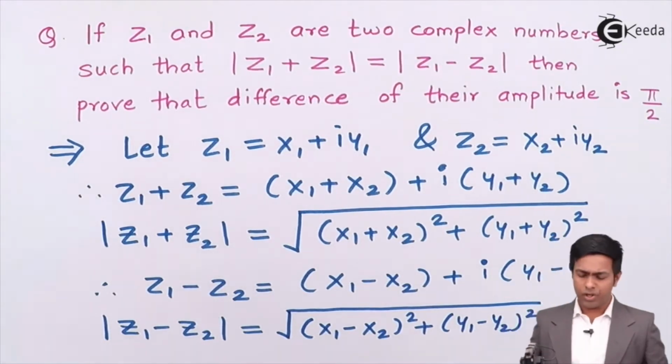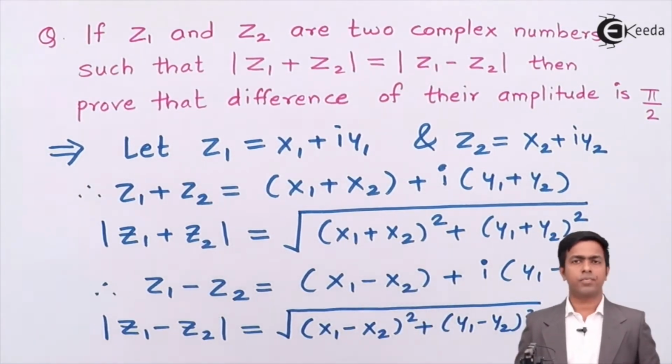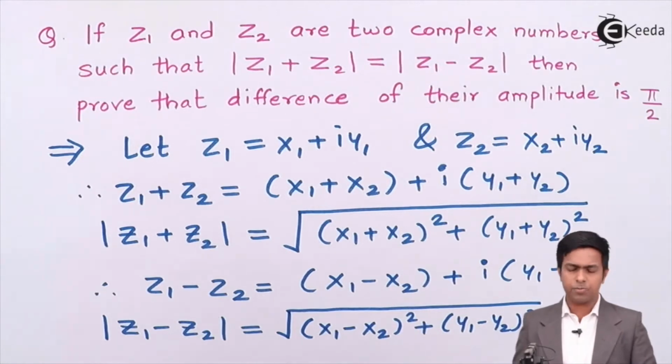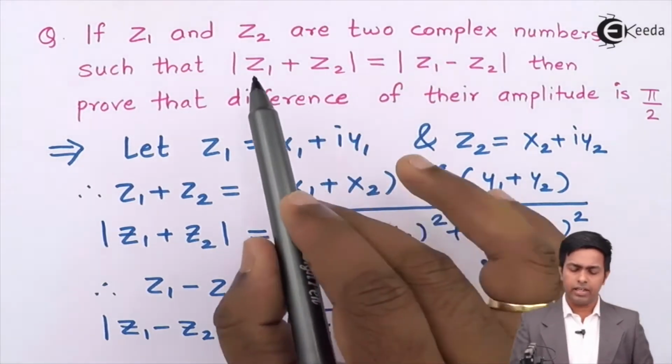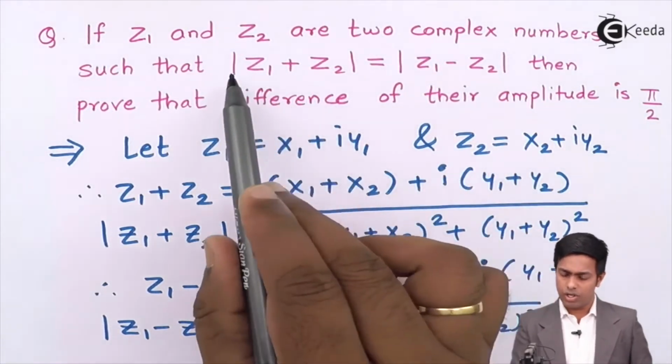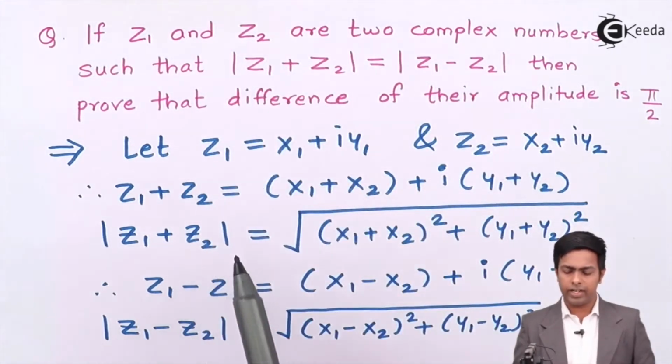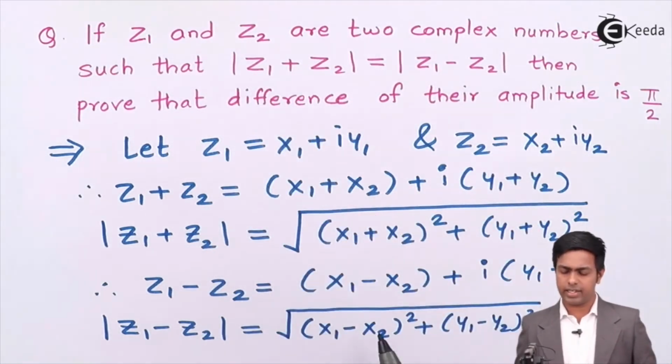So guys, here we got both values. Now let's substitute these values in the given result. So here on the left hand side I'll put this value, on the right hand side I'll put this value.